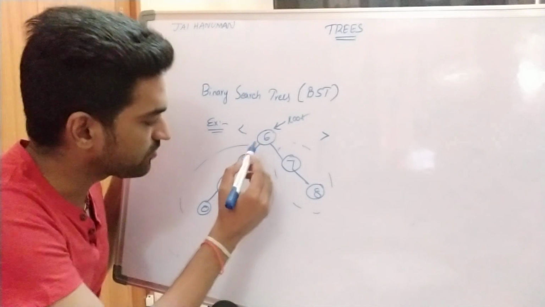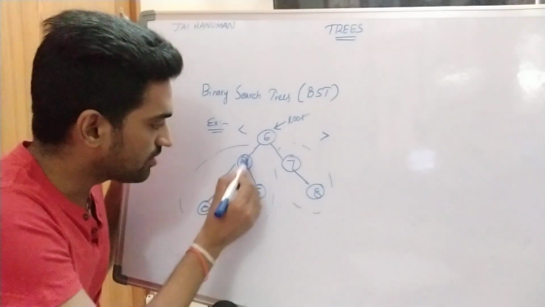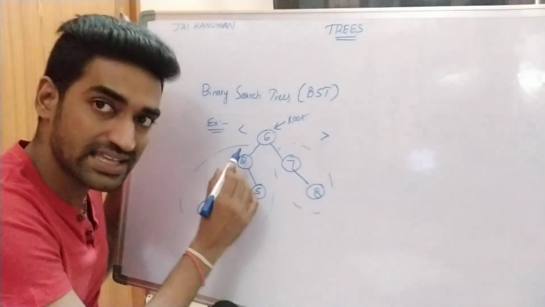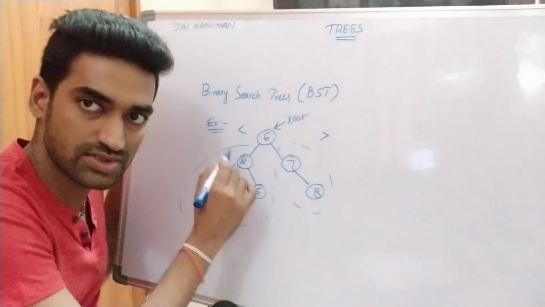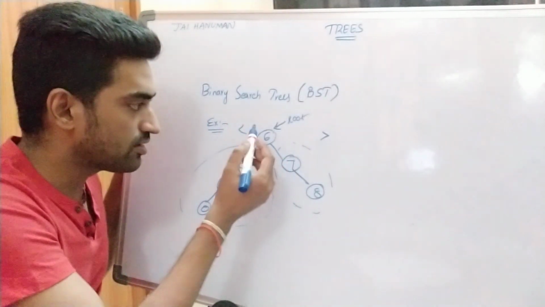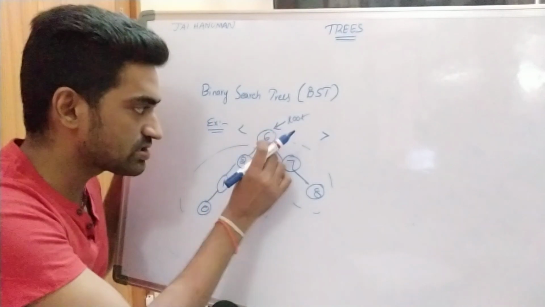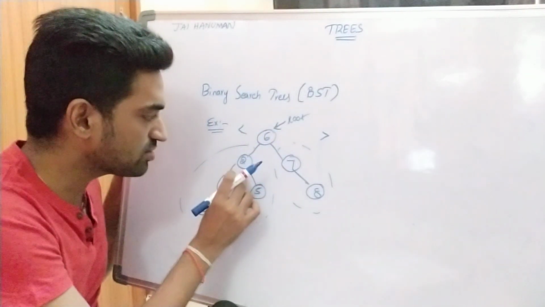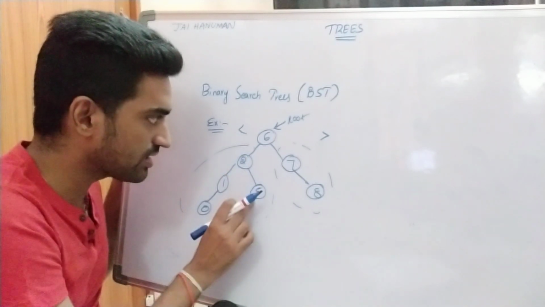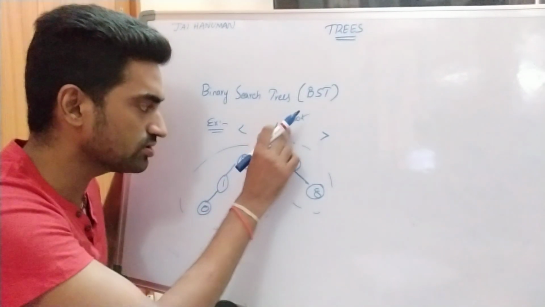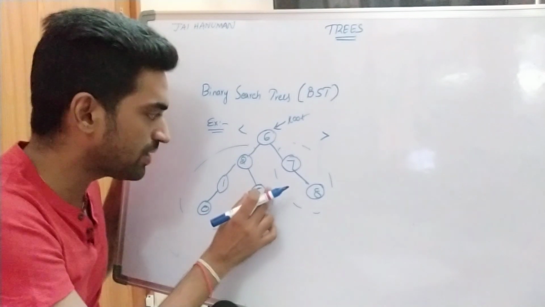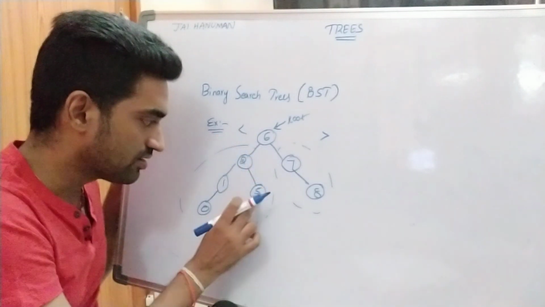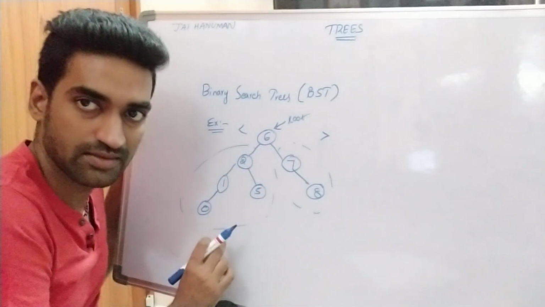So first of all, we compare with the subtree root node as well as the main root node. Those two root nodes, if it is a lesser value, can be placed at the leftmost position. When compared to the subtree root node it is a greater value, and compared to the main root it is a lesser value, so we can place it at the right position of the left subtree, right?